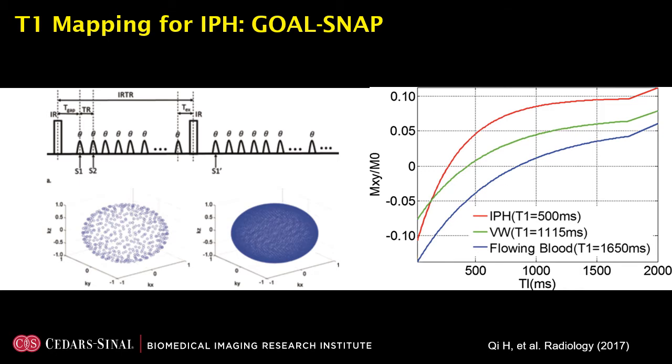And then a sliding window reconstruction was used to reconstruct 3D volumes at different TI time for T1 fitting. And the graph shows a simulated signal recovery curve of intraplaque hemorrhage at short T1, vessel wall, and also blood at long T1.